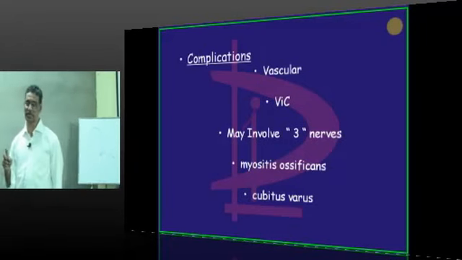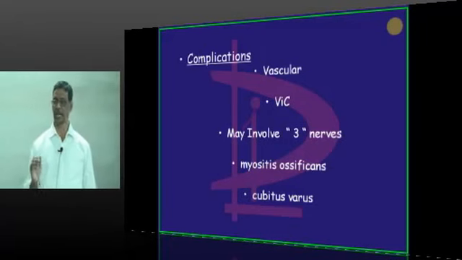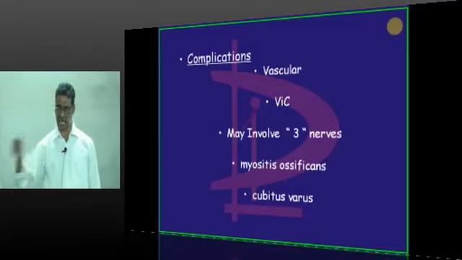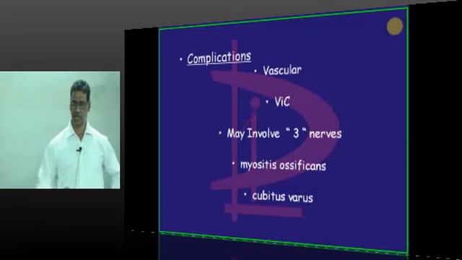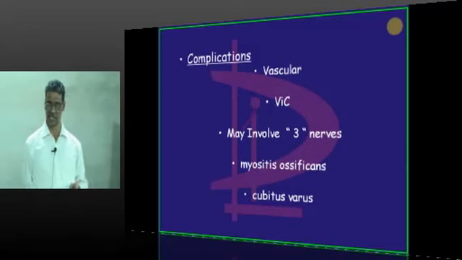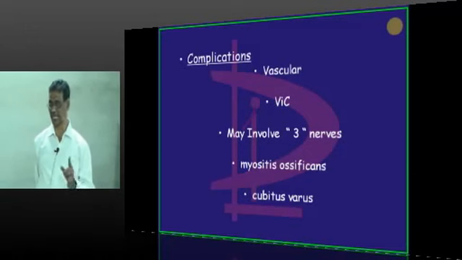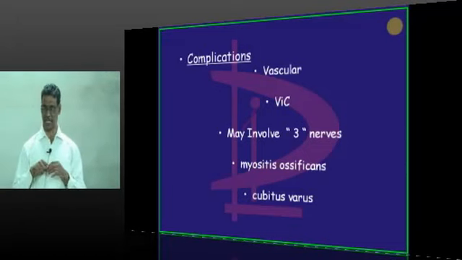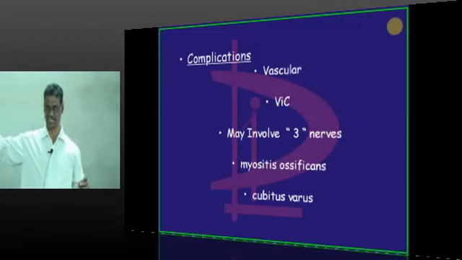If the collateral circulations are good for a resting condition, but not when the muscles are actively working, are you able to understand me? If the collateral circulations are good for the normal function, but not for exercise condition, then the patient will suffer from exercise ischemia. So the patient will not have any pain, but when he works severely, he will get pain. That is almost the thromboangiitis obliterans type.